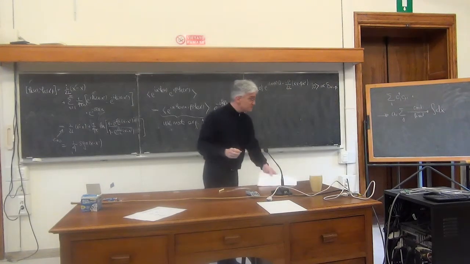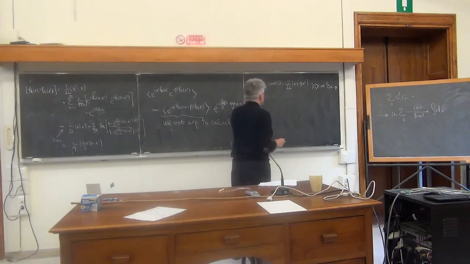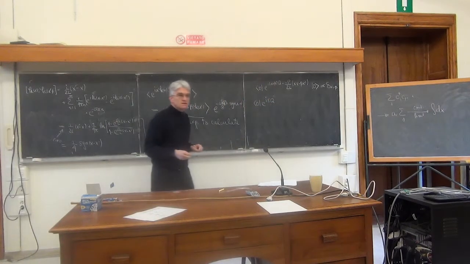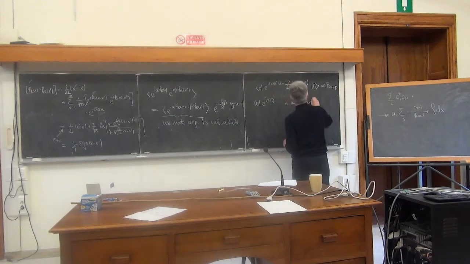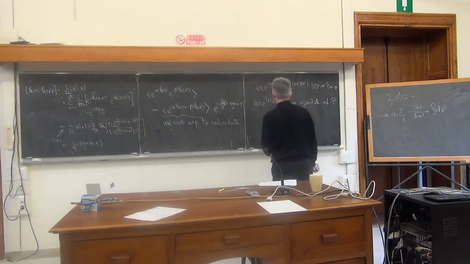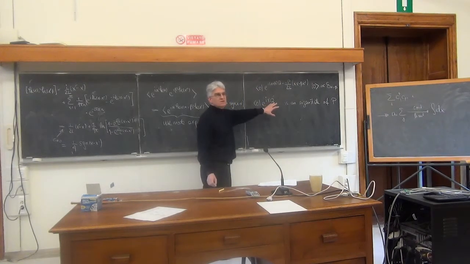Okay, the reason is these are canonically conjugate variables. So if I look at this, e to the i gamma q, that actually is an eigenstate of p. You can just do the same once again in quantum mechanics.